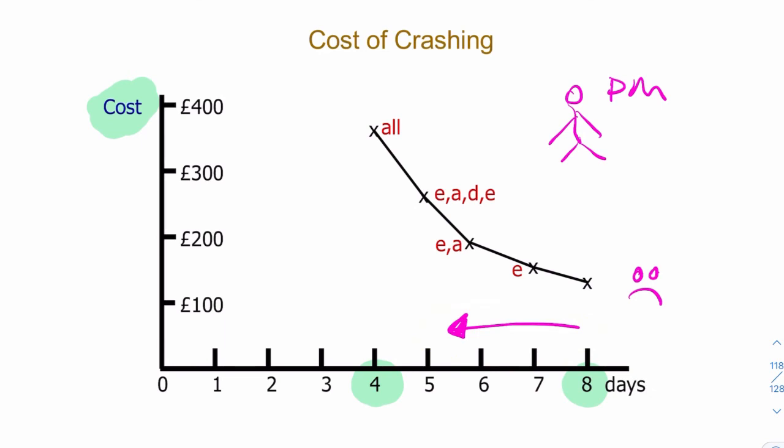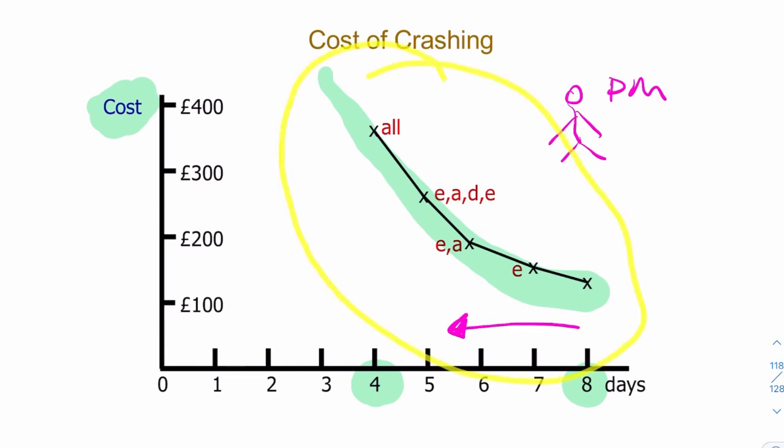So a project manager needs to be able to look at a graph like this in order to determine, well, how much am I prepared to pay for this reduction in overall time.